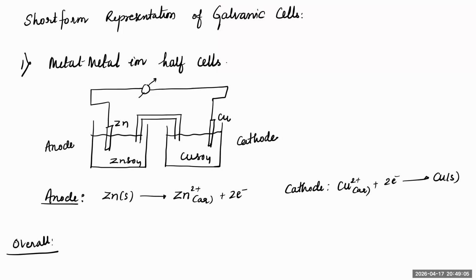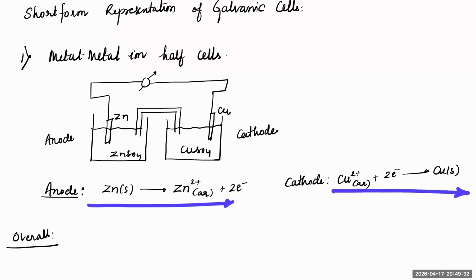There are many types of cells, out of which the metal metal ion half cell is one of them, wherein a metal electrode, which is an active electrode, is present both at anode and cathode. Anode is also an active half cell, cathode is also an active half cell here.